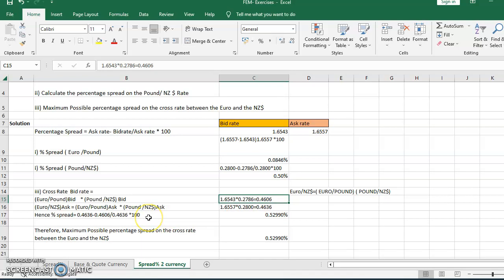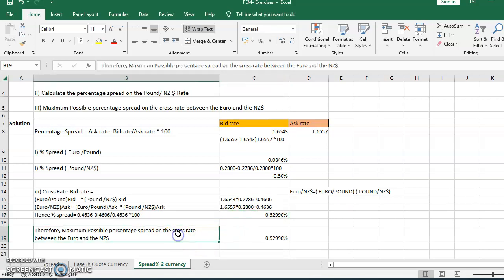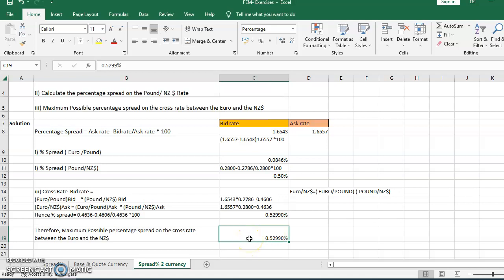We get a percentage spread equal to 0.5290%. Therefore, we can say that the maximum possible percentage spread on the cross rate between euro and New Zealand dollar is 0.5290%.